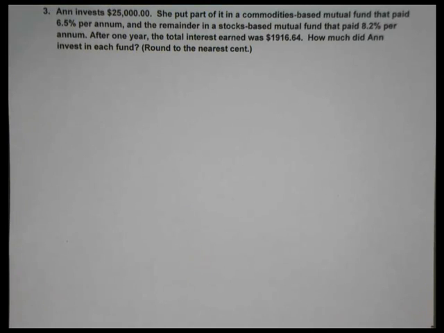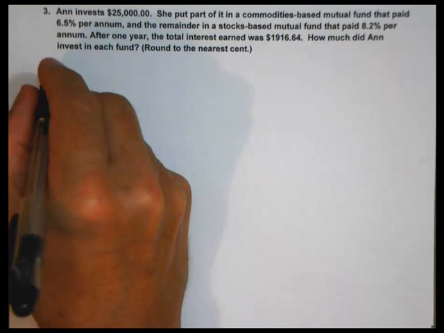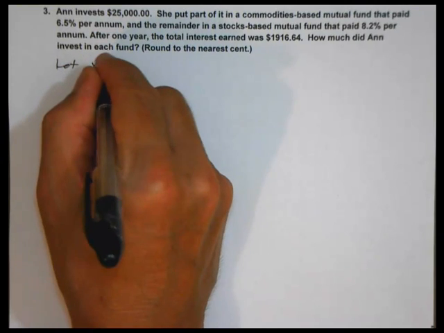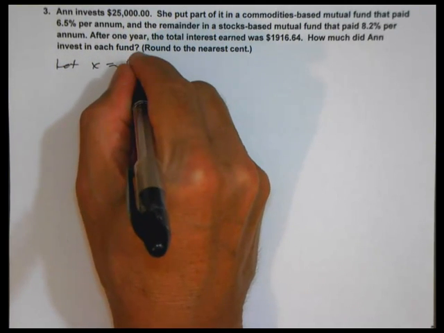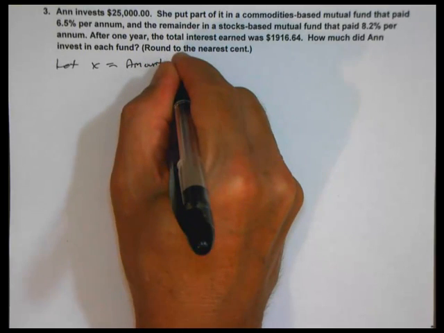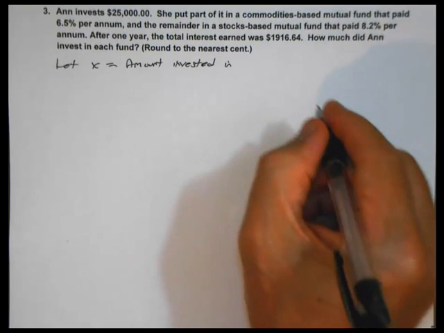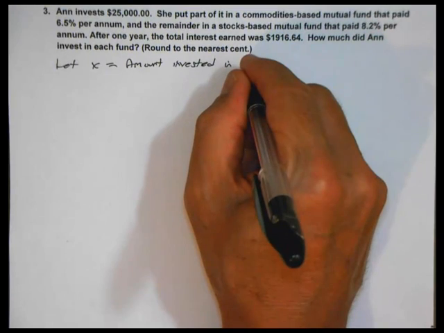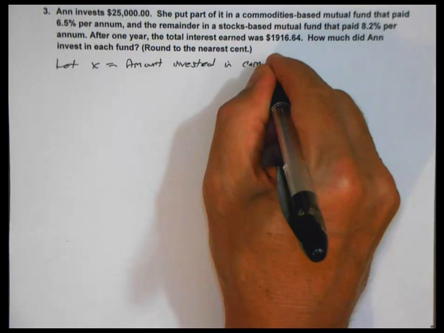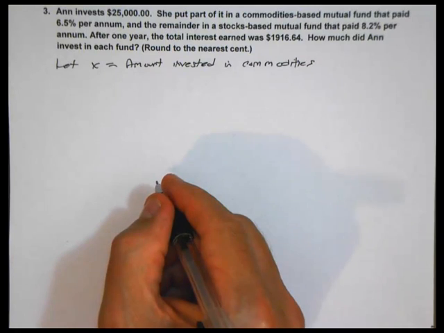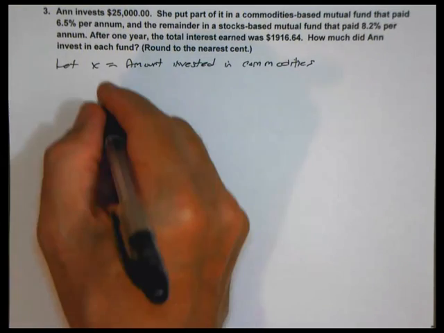Okay, let's think about how we want to define our variables. Well, in this case, it's probably a pretty clear choice. Let's let x equal the amount invested in the commodities-based fund, let's just call it commodities for short, and that'll be in dollars.